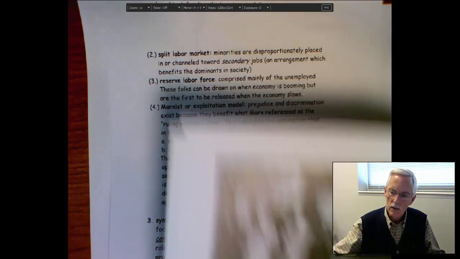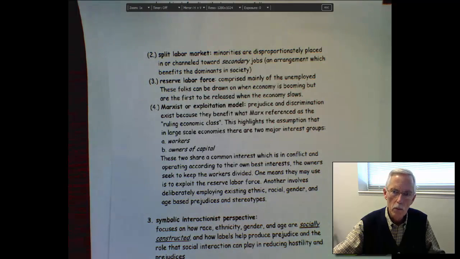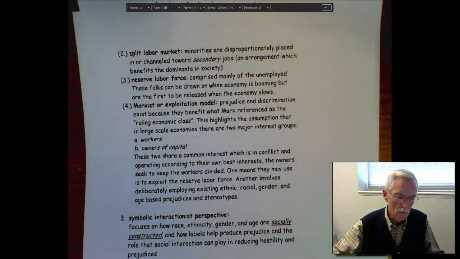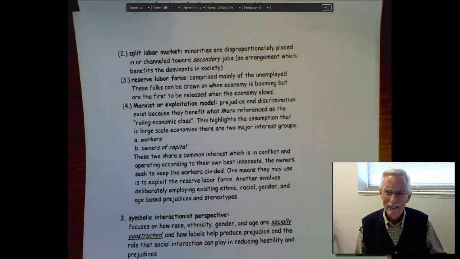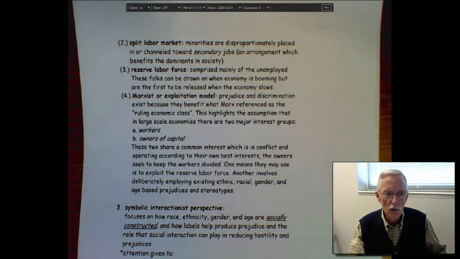But as Marx envisioned it, going back to what you see noted here, his argument was that the owners of capital would try to employ any technique or procedure they could, including prejudice and discrimination, to keep the workers disorganized.